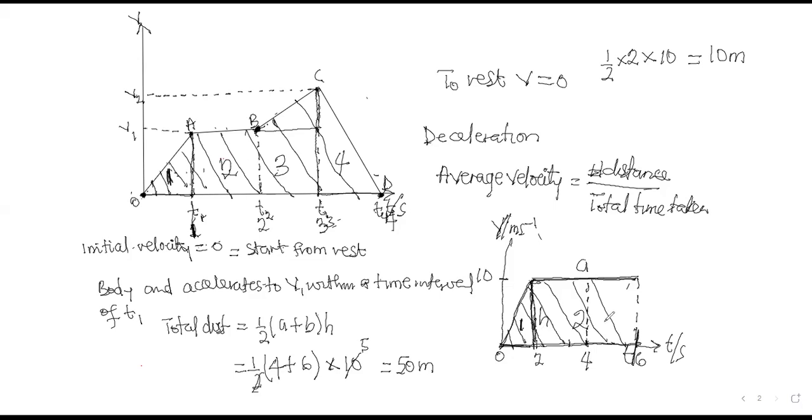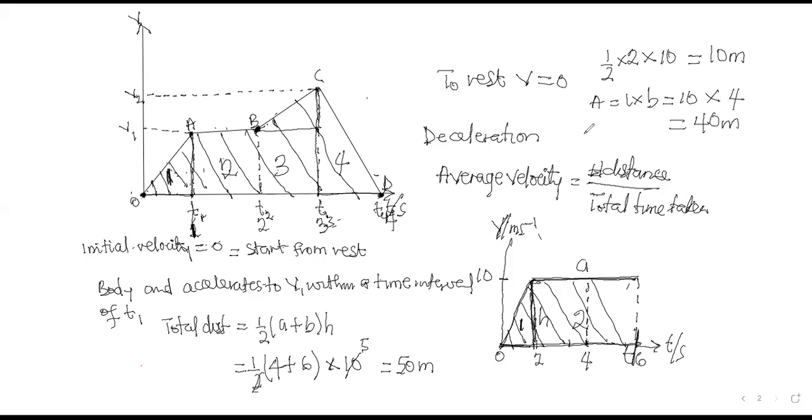Then the next shape is a rectangle. Area of a rectangle, length times breadth. The length here is equal to 10 times 4. This is giving us 40.